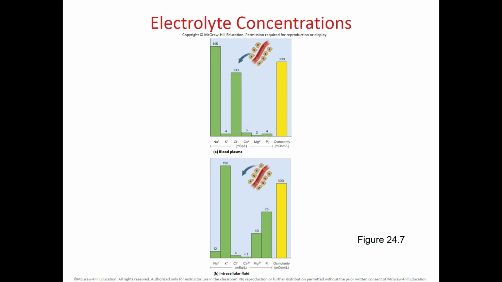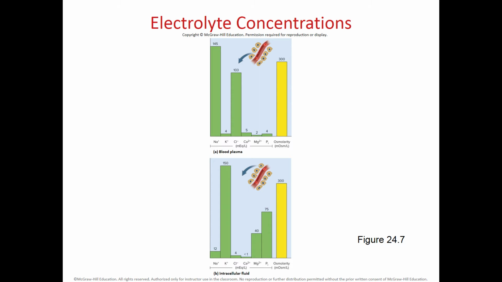So basically these electrolytes are measured, guys, in what we call milliequivalents per liter, and in general, the osmolarity of these electrolytes, as they're making this osmolarity, will be measured in milliosmoles per liter. So these are units that are used in the lab to measure these amounts of electrolytes.